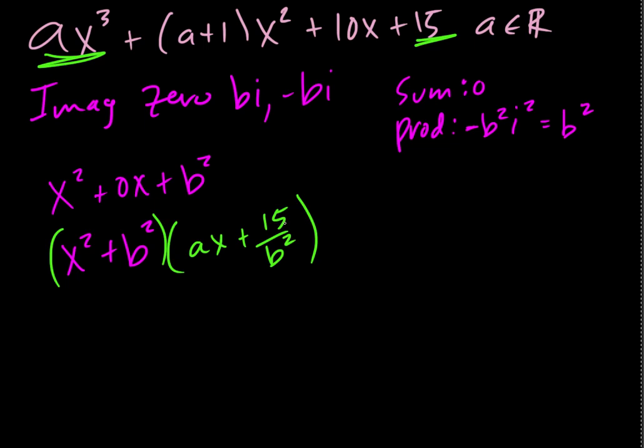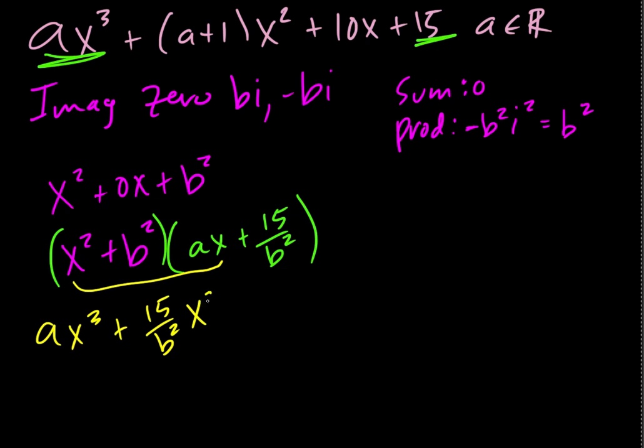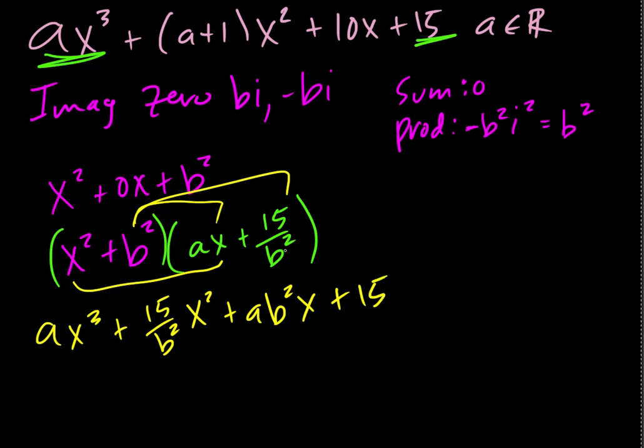And then we need to get the 15 into it. So we need to multiply this out. So ax cubed plus 15 over b squared x squared. And then this times this is going to be ab squared x. And then this times this is just going to be 15, because the b squareds would cancel.